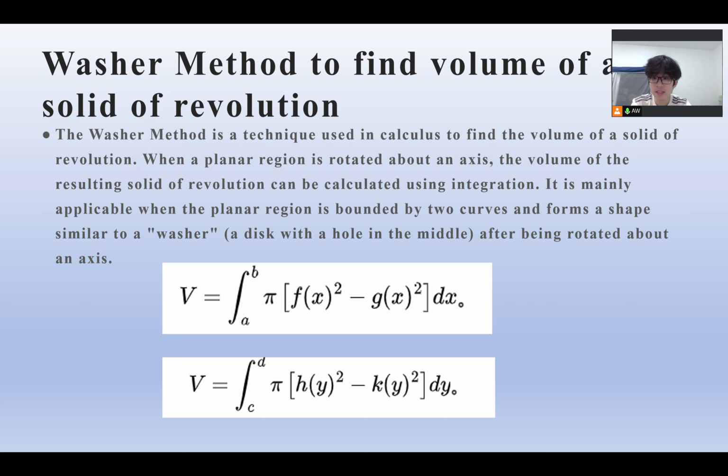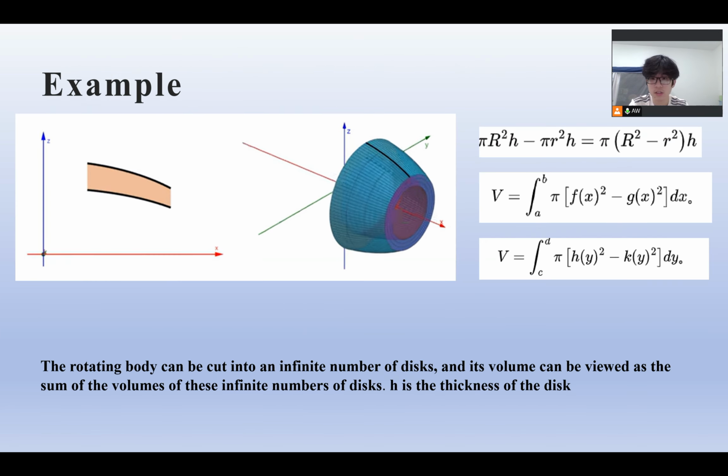It is mainly applicable when the planar region is bounded by two curves and forms a shape similar to a washer, a disk with a hole in the middle, after being rotated about an axis. And this is the formula.